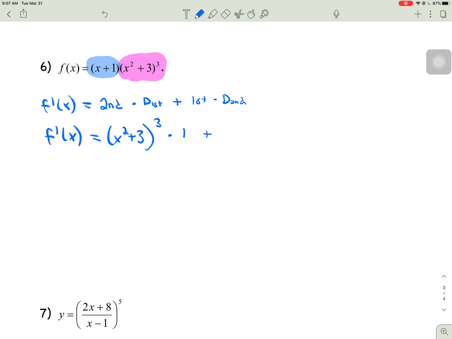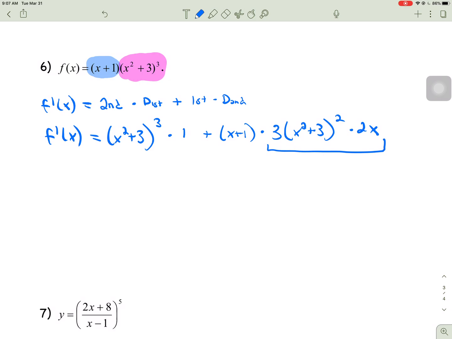Plus the first times the derivative of the second. Now the derivative of the second, we have to use the chain rule. That is 3x squared plus 3 squared, decrease the power by 1, times the derivative of the inside, 2x. Keep in mind, this is the derivative of the second.